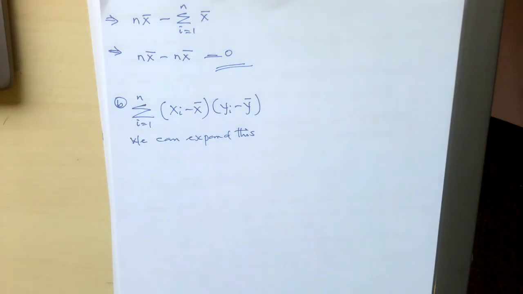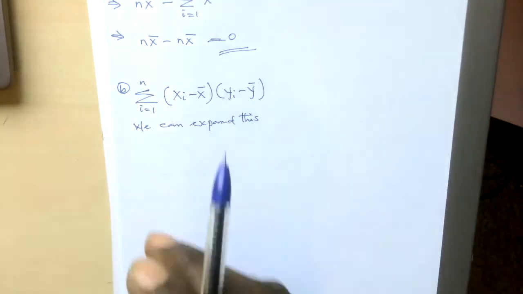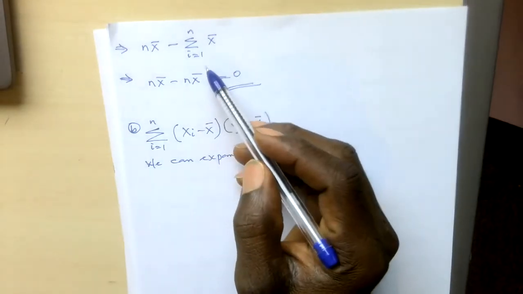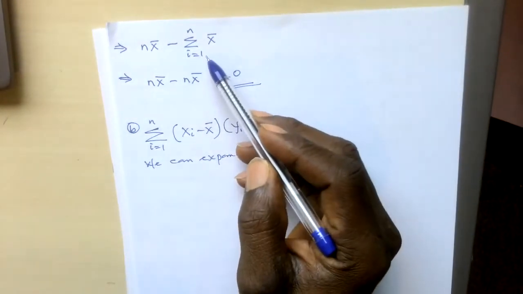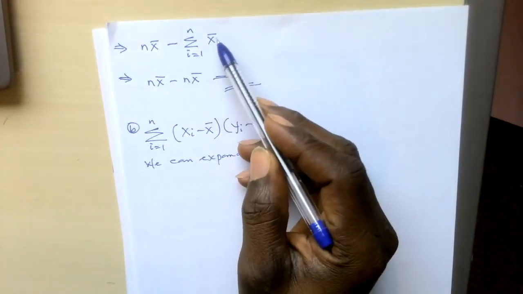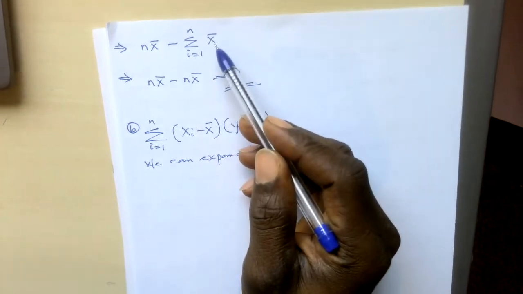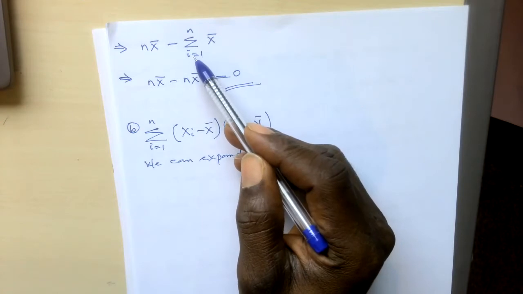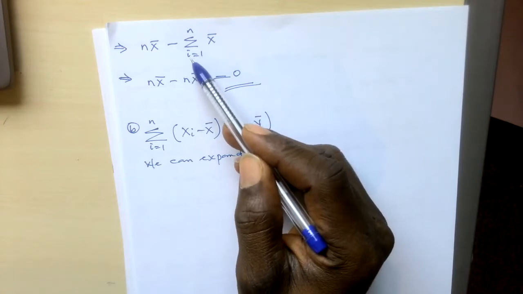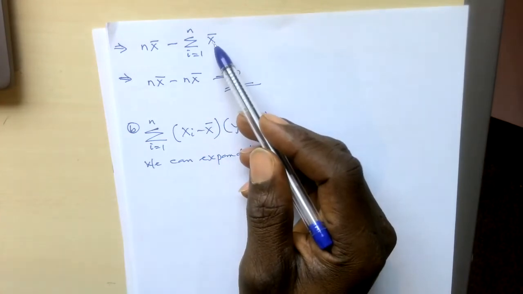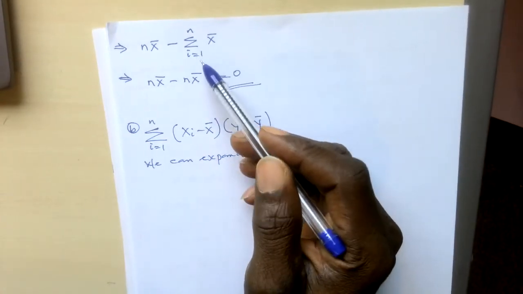So now, having replaced that, I have this. Then for this, you see that we are summing x bar from 1 to n, but x bar is not a function of i, right?